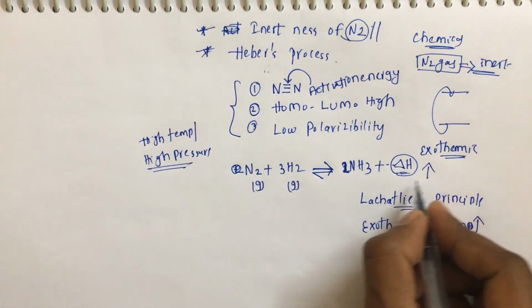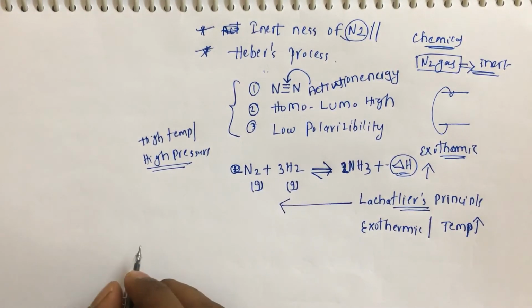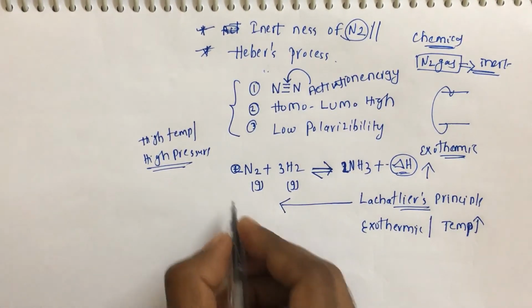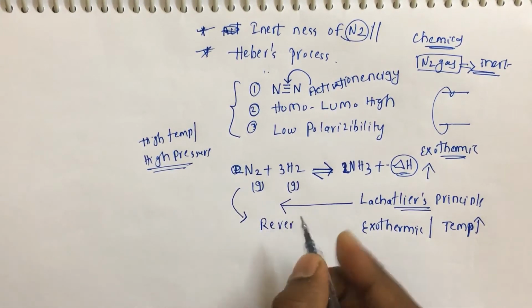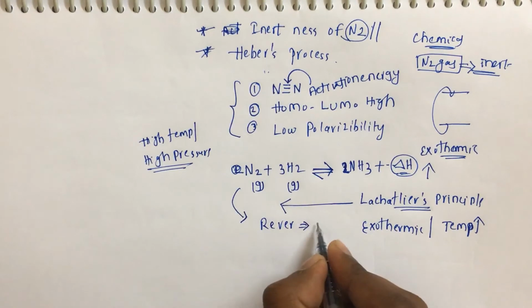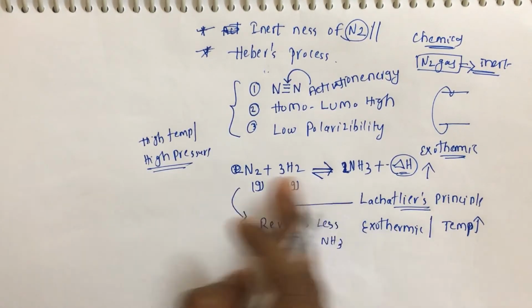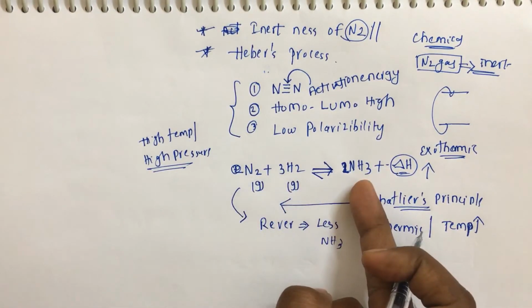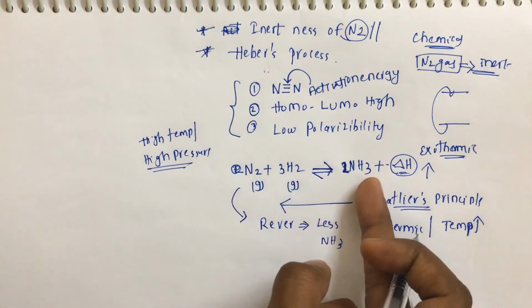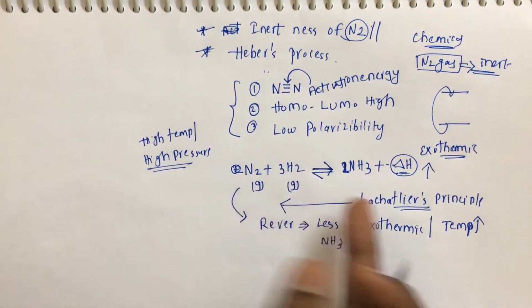In order to decrease the heat, the equilibrium shifts towards the left hand side. So this reaction is already a reversible reaction. Reversible means we will not expect much yield. You will get a lesser amount of NH3, because there is a possibility that the ammonia also comes back into these gases. This is the reversible reaction.